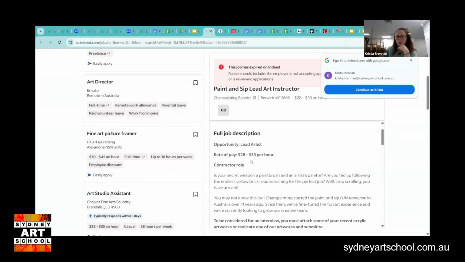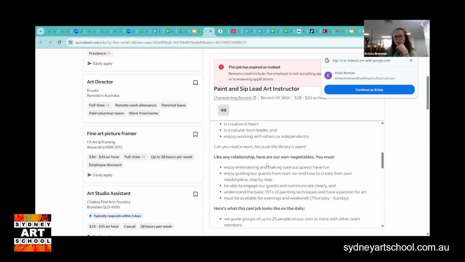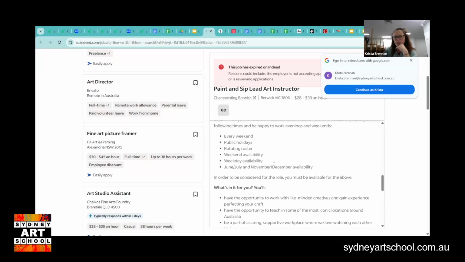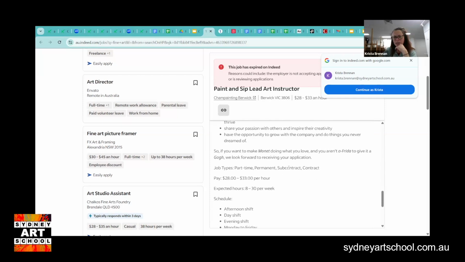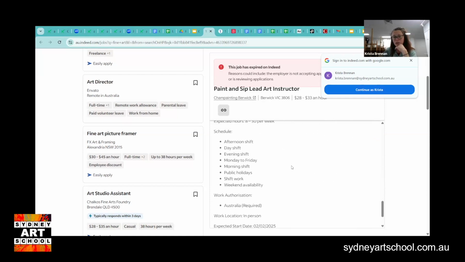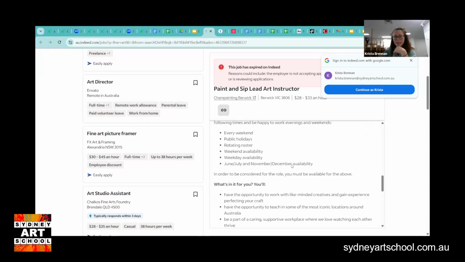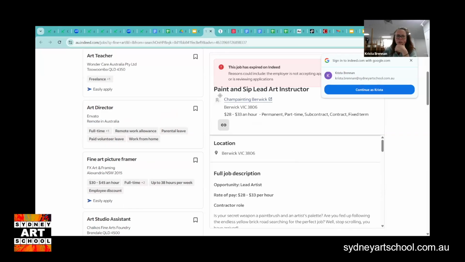It gives us a full description, so rate of pay, what we're looking for, can you read the room, and like any relationship, here are non-negotiables. What's interesting with these sorts of jobs is that they're not necessarily looking for a lot of experience, but what they are looking for is a lot of personality and good artistic skills as well.